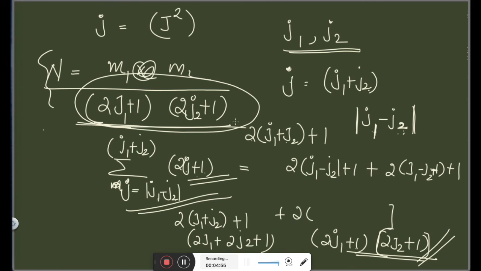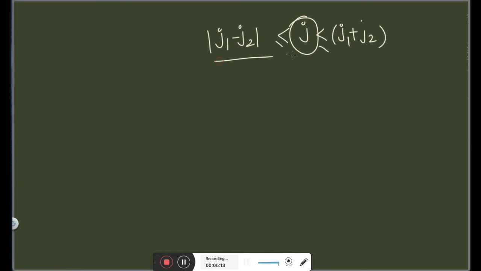Okay, and you can see that the selection rules for j come as j is less than or equal to j1 plus j2, and it is greater than or equal to mod of j1 minus j2. So the possible values of j lie from j1 minus j2 to j1 plus j2, and m is always equal to m1 plus m2.